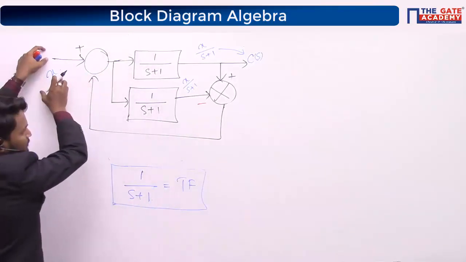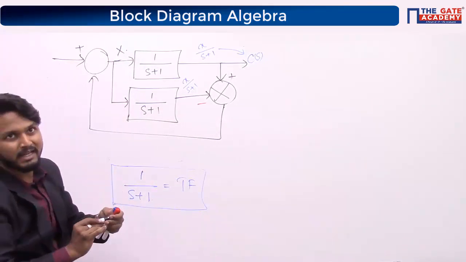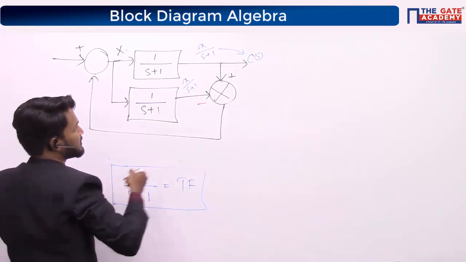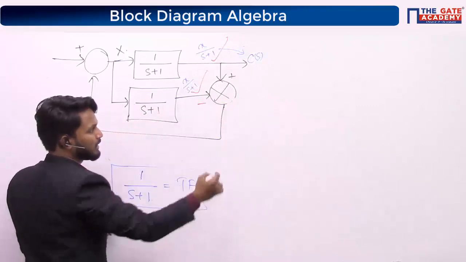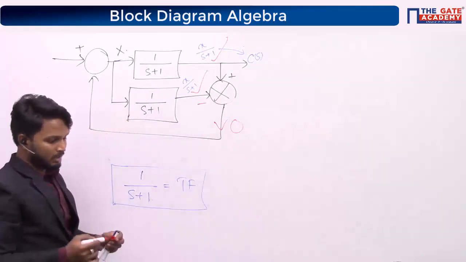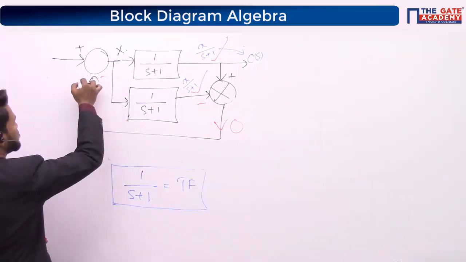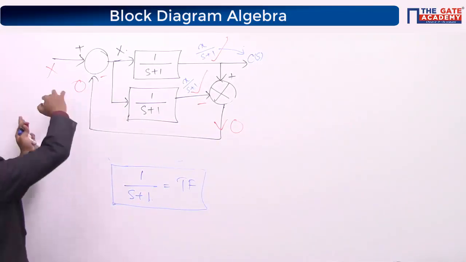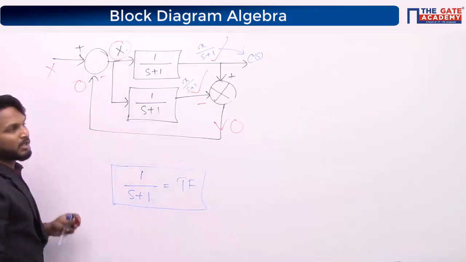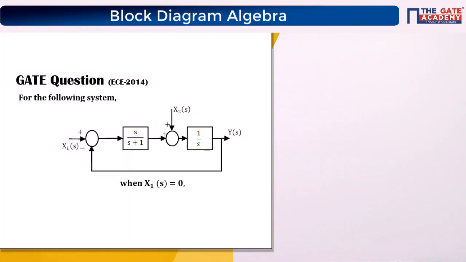The difference of this as well as this signal, I'm calling it X. So I'm getting the signal at this part and at this part. If both of them are subtracted, then the result here is 0. If 0 is flowing through this feedback path, there is no effect of feedback at all, which means whatever you are giving at the input is coming at this particular stage. So if you take the ratio of output to input, you will get 1 by s plus 1.